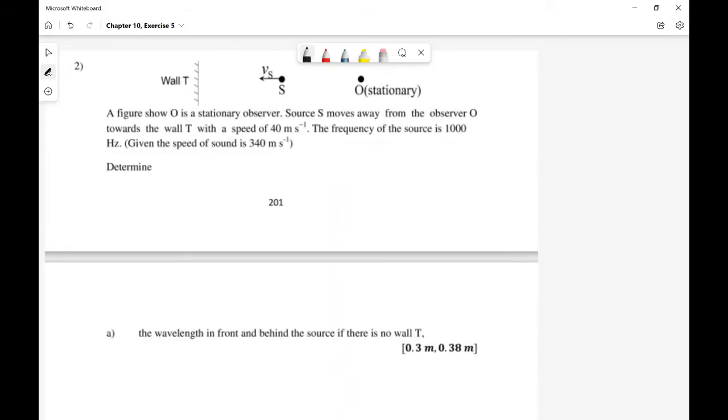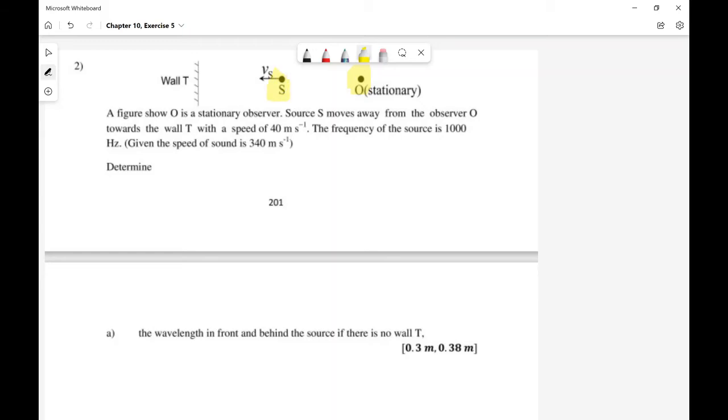And then proceed to question number 2. A figure shows O. Ni O, saya highlight kat sini. O is a stationary observer. Source S, mana source S? Ini.